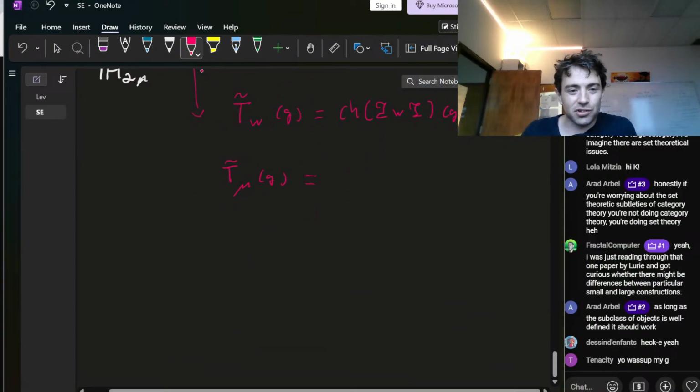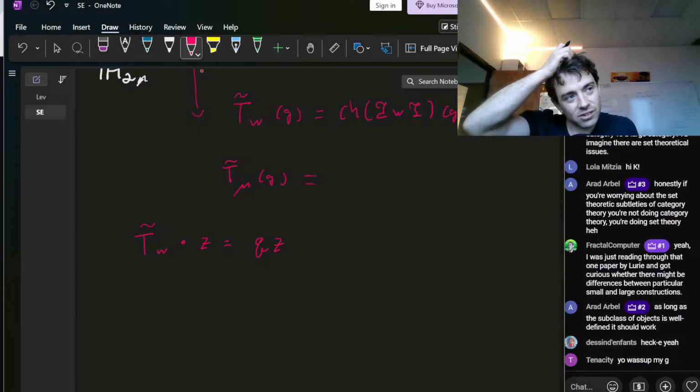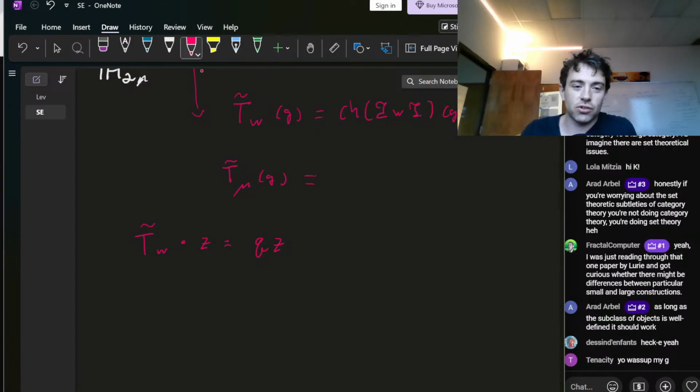Maybe I should jump ahead. It turns out these T_w should just act on the trivial representation by q. Should I explain why this is true? Yes. Let me explain why it's true, and I'll explain what this is supposed to mean as well.